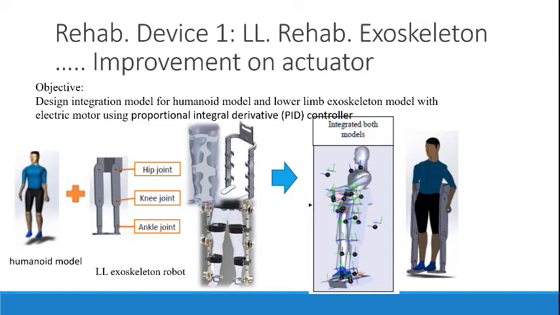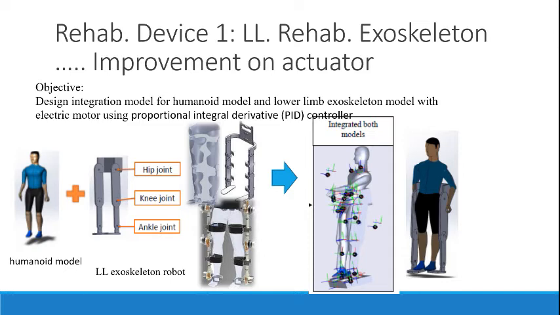As you can see, we designed the humanoid model and also the lower limb exoskeleton model. After we design both of these using SolidWorks, we import them into MATLAB using SimMechanics. Before that, for the lower limb exoskeleton model, we designed several types, as you can see in the figures.